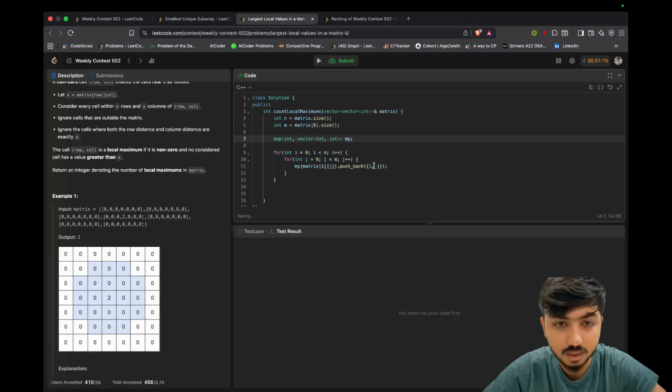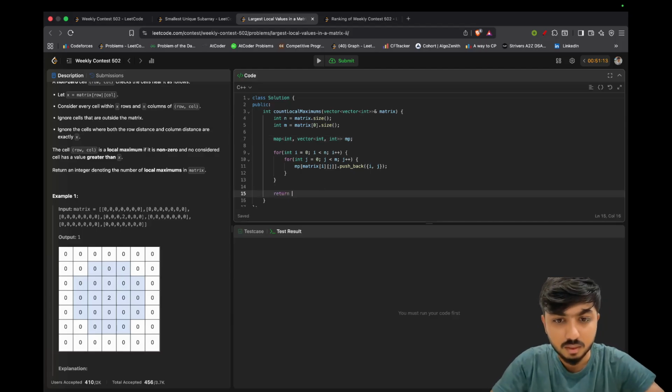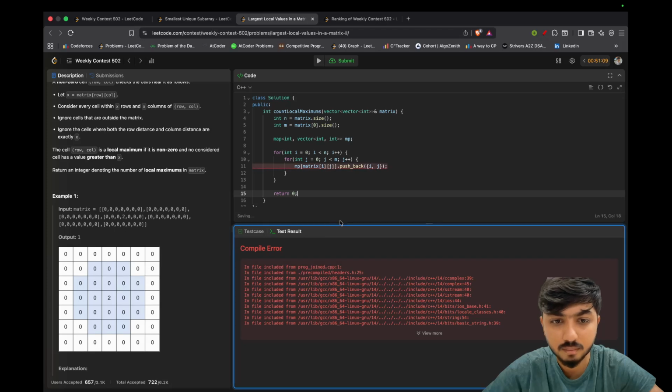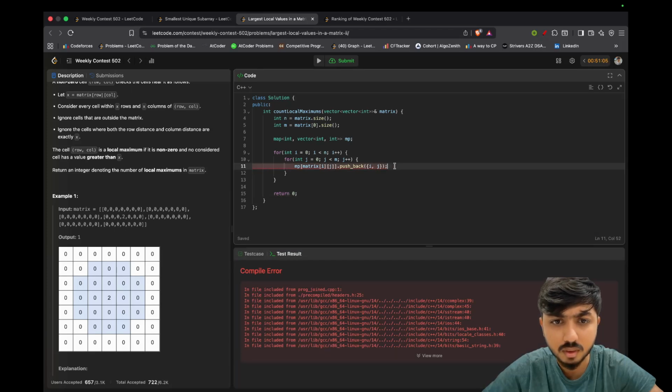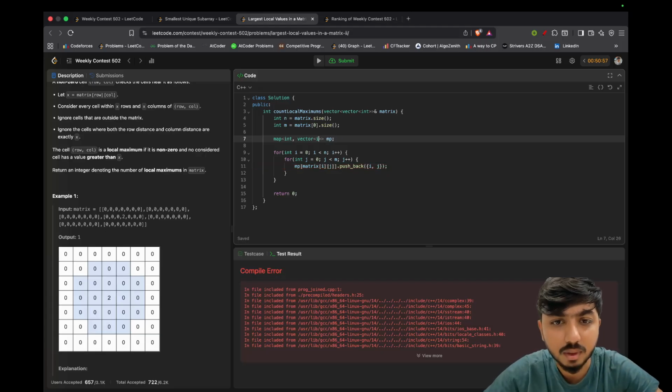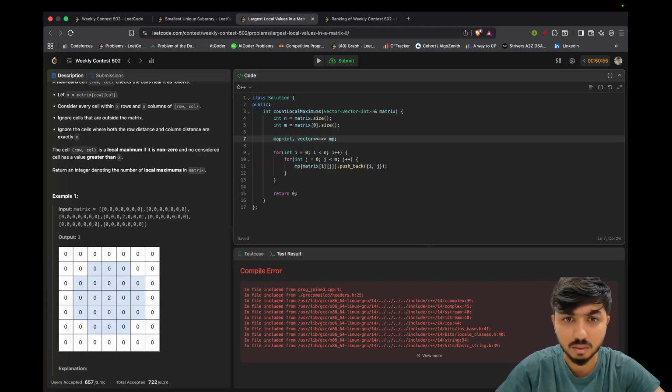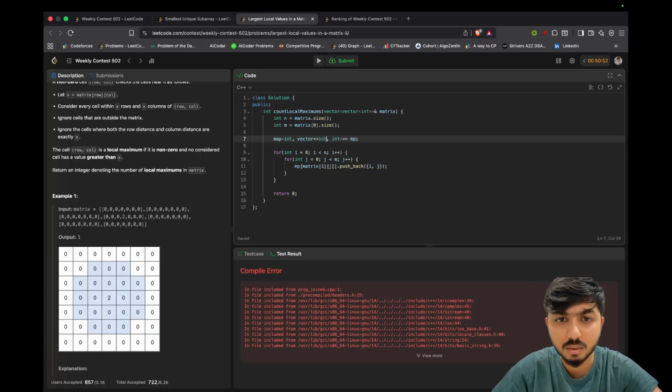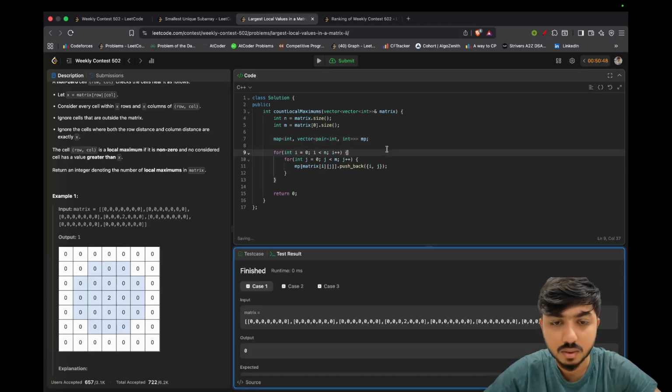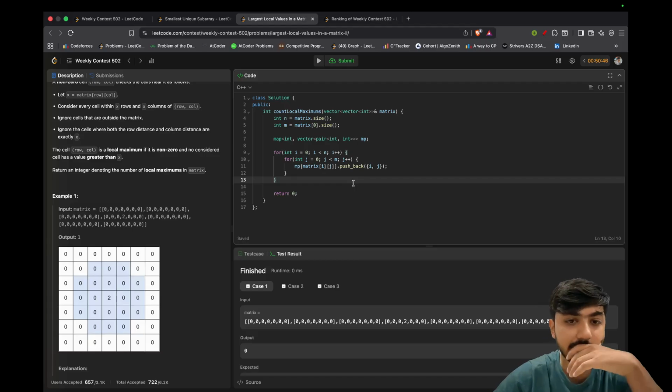Okay, return 0 for a minute. Vector of pair it should be. Okay, cool, right?